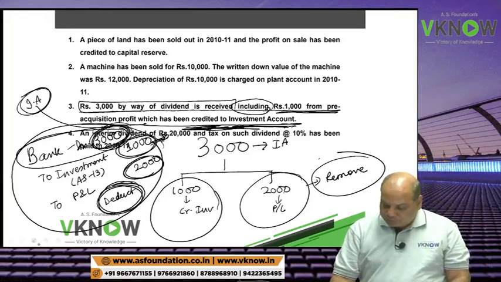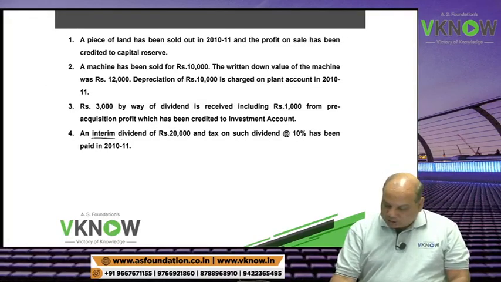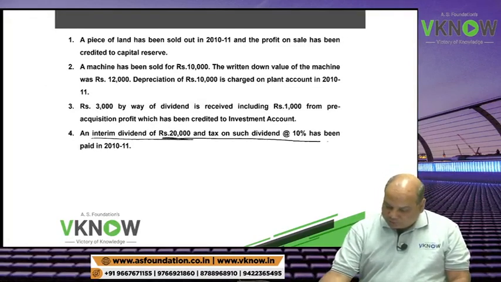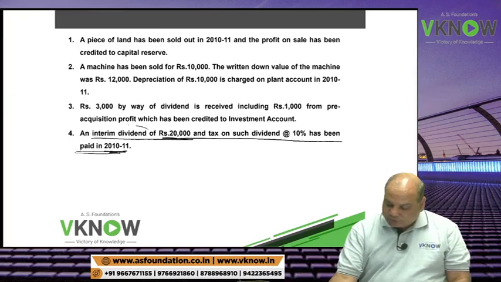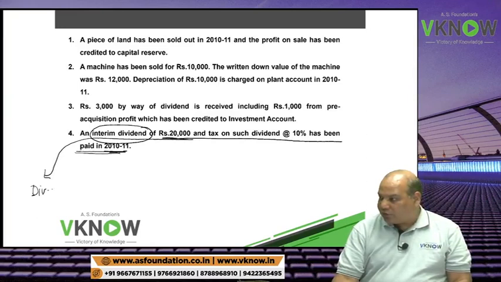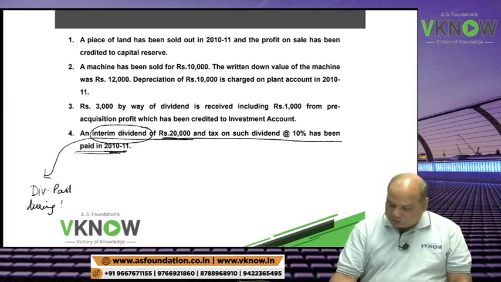Point number 4, an interim dividend of 20,000 and tax on such dividend at the rate of 10% has been paid in 2010-11. What is interim dividend? Interim dividend is dividend paid during the year.